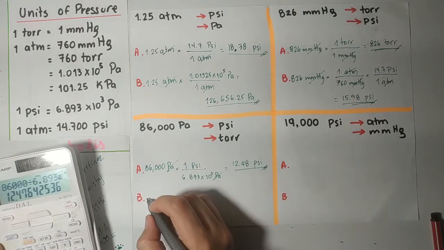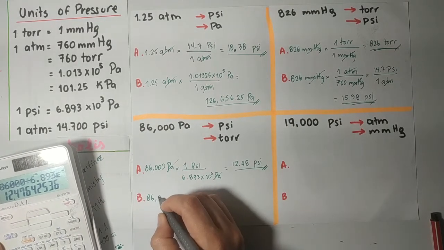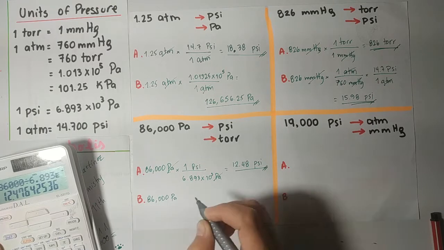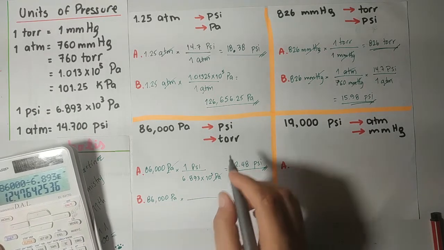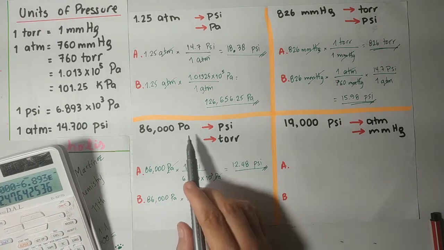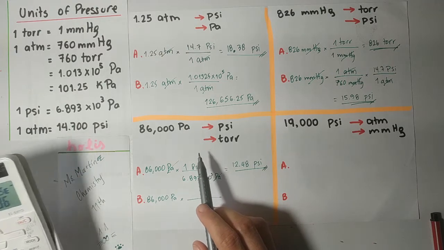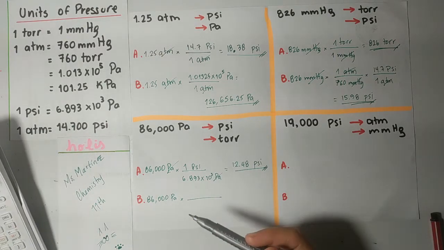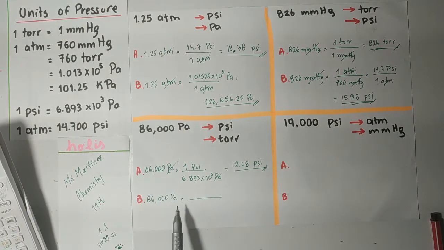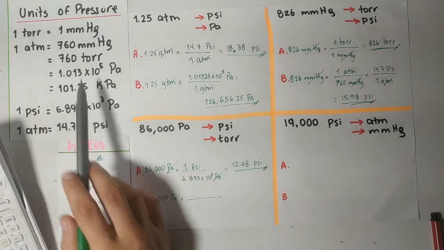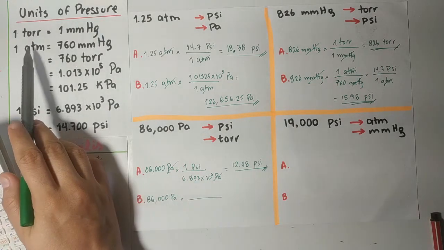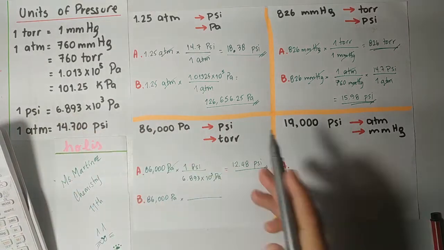The second part, 86,000 pascals times. Okay, now from pascals to torr, I don't have a direct conversion factor, so the best idea is to go from pascals to ATM and from ATM to torr.